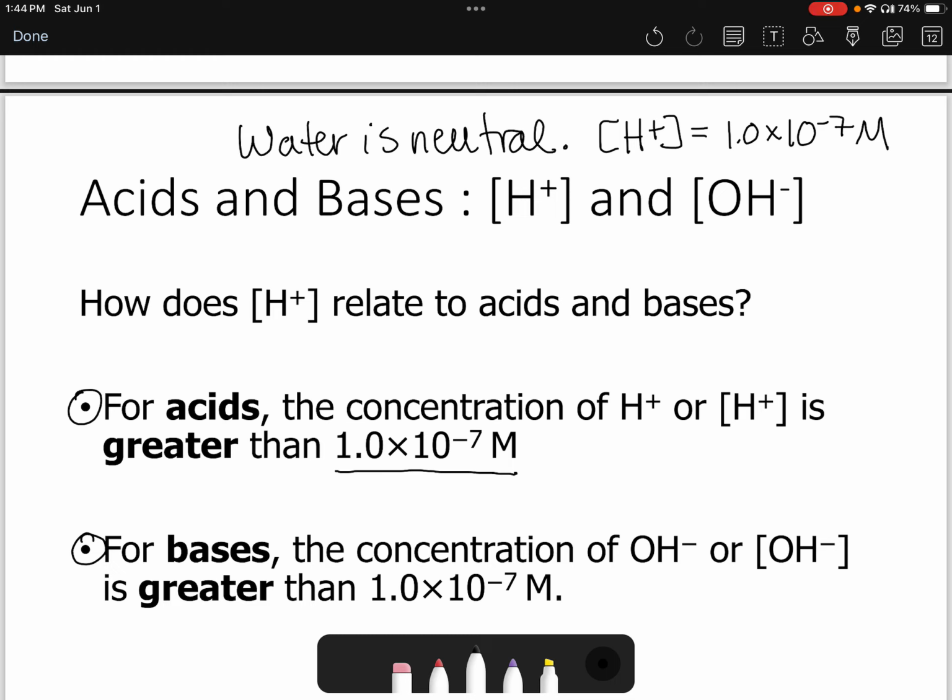So again, we said earlier that water is neutral, and its hydroxide ion concentration is also 1 times 10 to the negative 7th. So if a solution has a greater concentration than that of hydroxide ions, it should be basic.